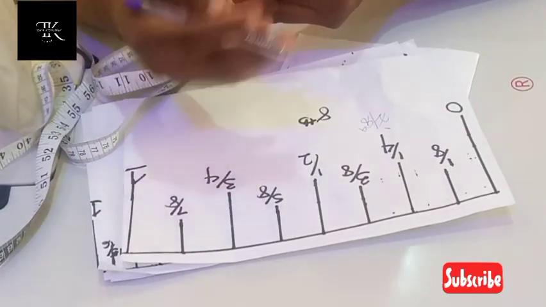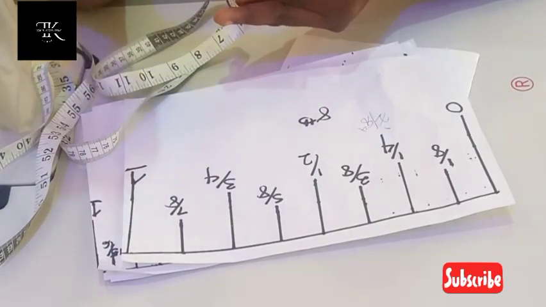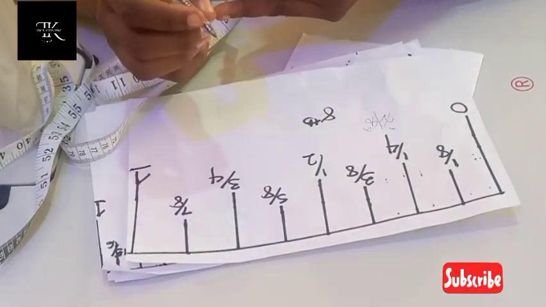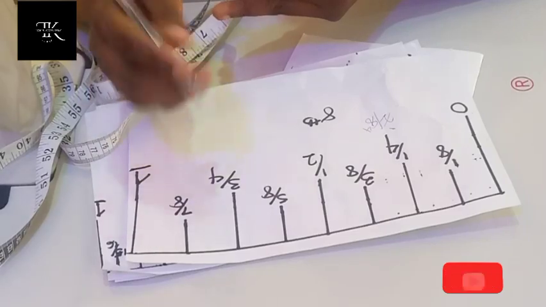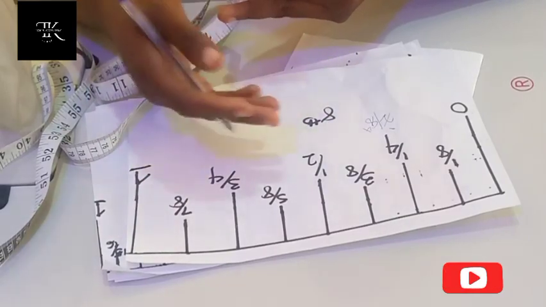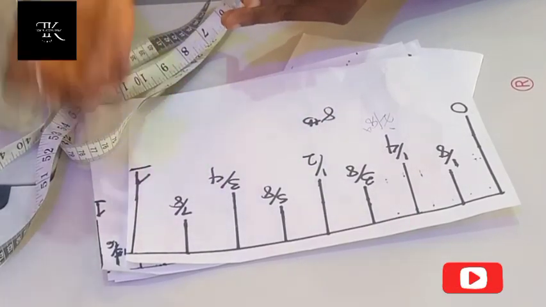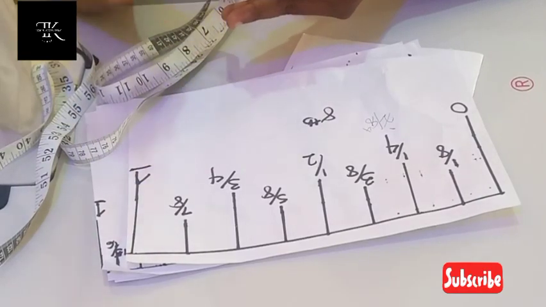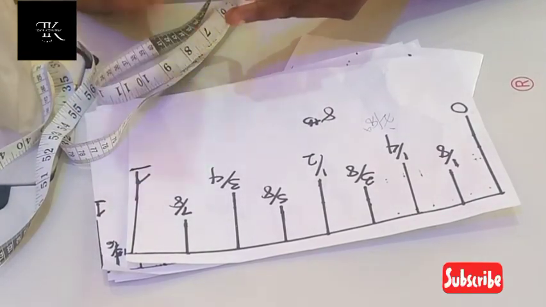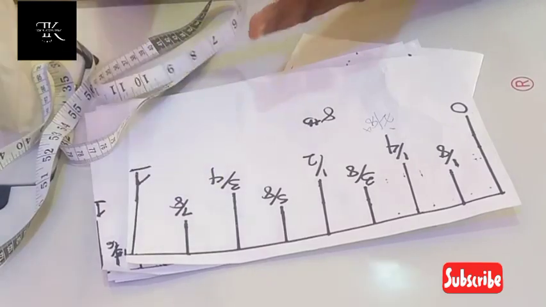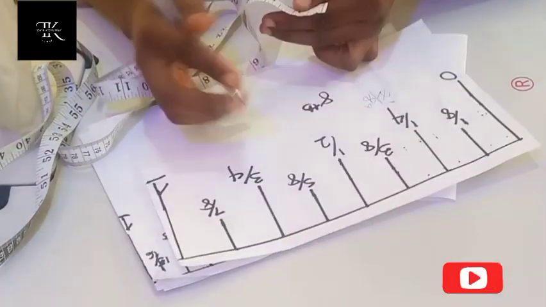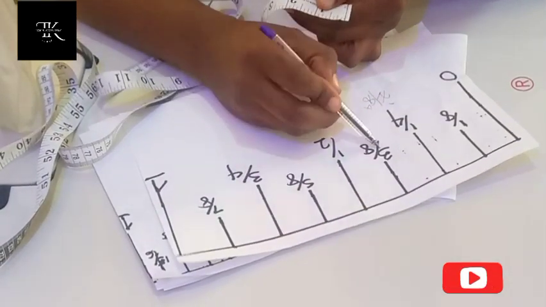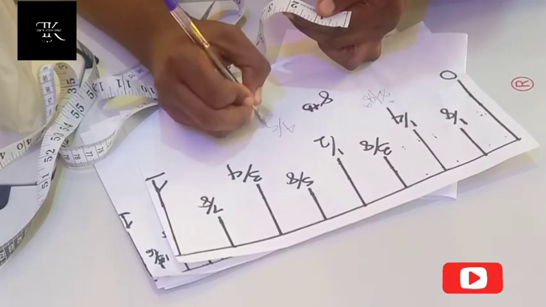Then move to the next one, which is 4 over 8. Dividing by 2, 2 into 4 gives us 2, then 2 into 8 gives us 4. We can still divide it again: 2 into 2 gives us 1, then 2 into 4 gives us 2. This is 3 over 8, the next one is 4 over 8.